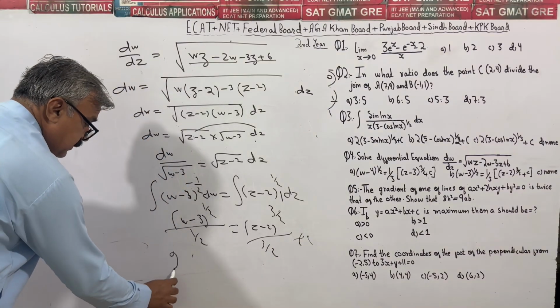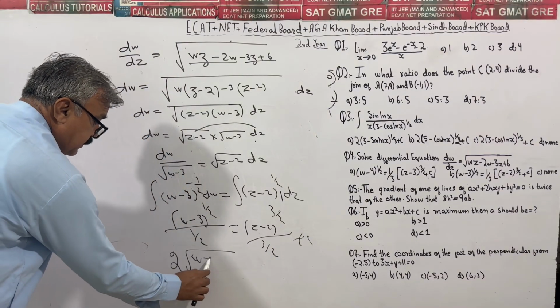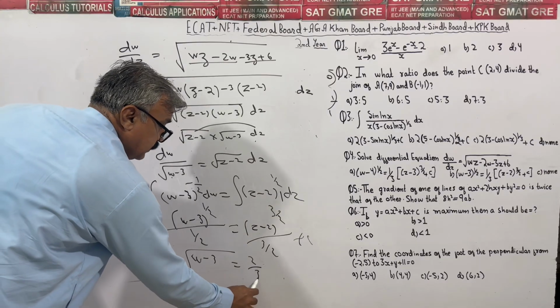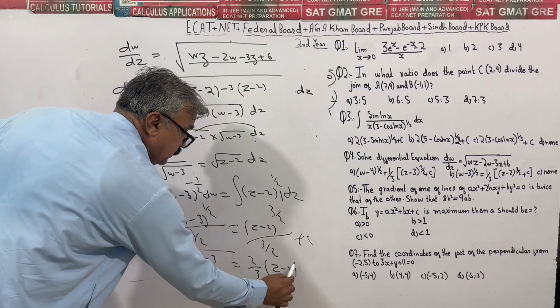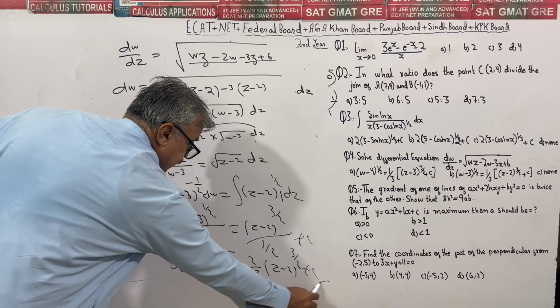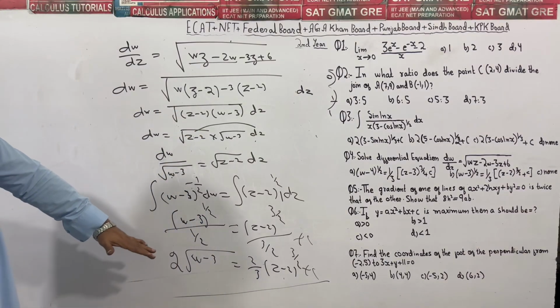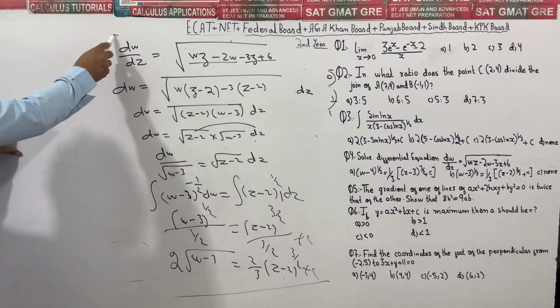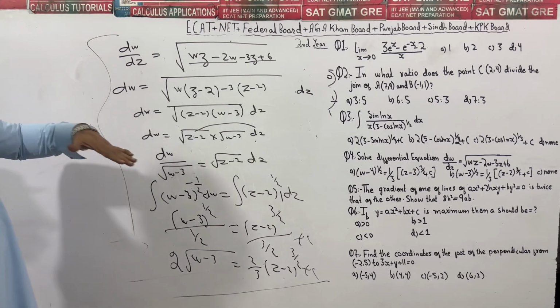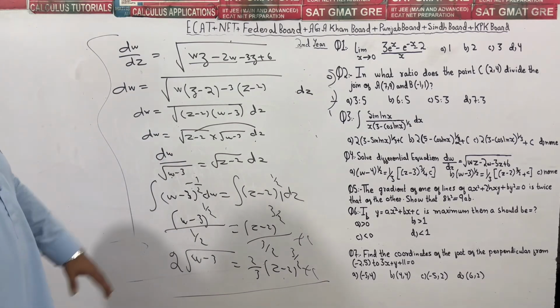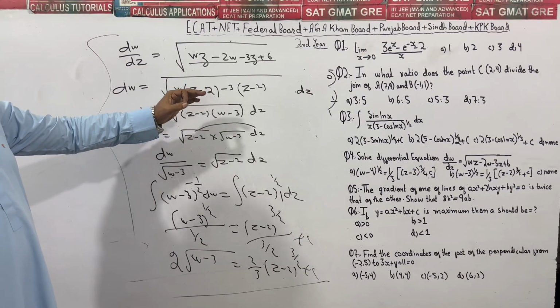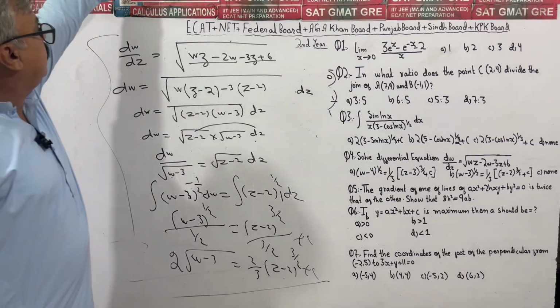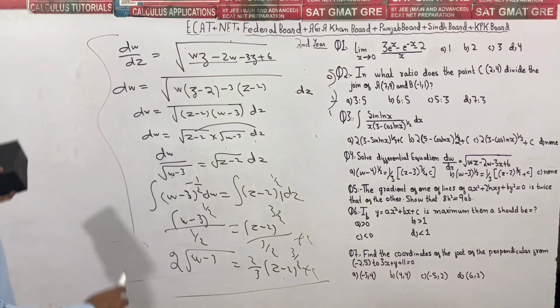Or it will become 2 times root w minus 3 equals 2 over 3 times z minus 2 to the 3 over 2, plus c. That's our answer. Mostly integration is based on function derivative. That is the most typical question at second year level in differential equations. Only separable differential equations are present in your second year. And I have done a good question for you.